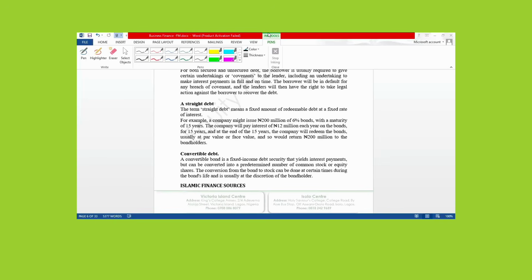Preference share capital is a long-term fund, long-term finance.